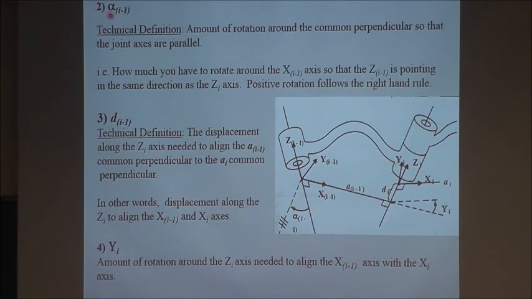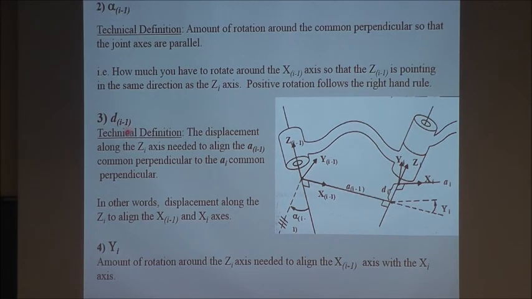That is alpha i. By definition and by inspection, the second DH parameter is in radians or degrees. It's an angular position. The first one has a dimension like millimeter or centimeter or what have you. So this is the second DH parameter.